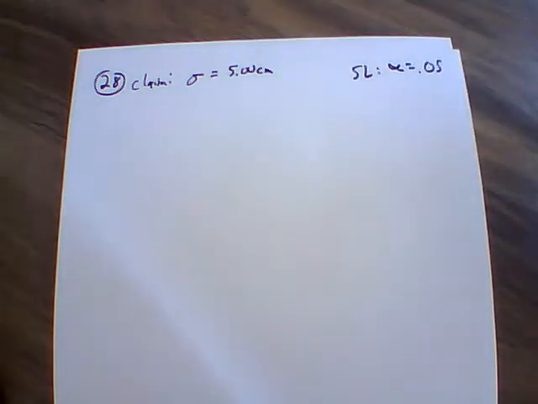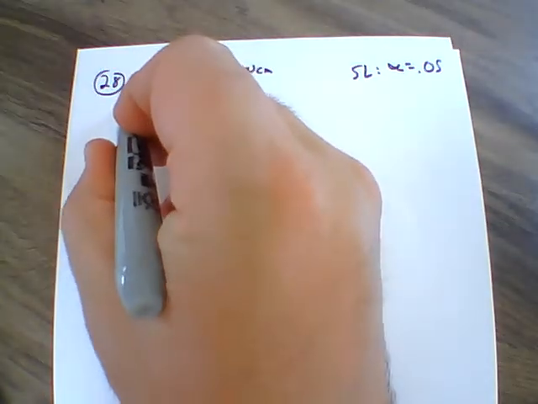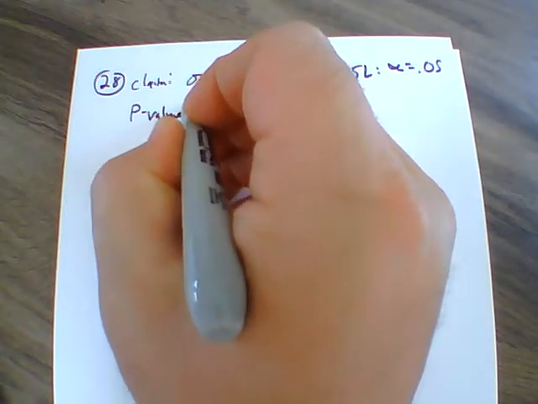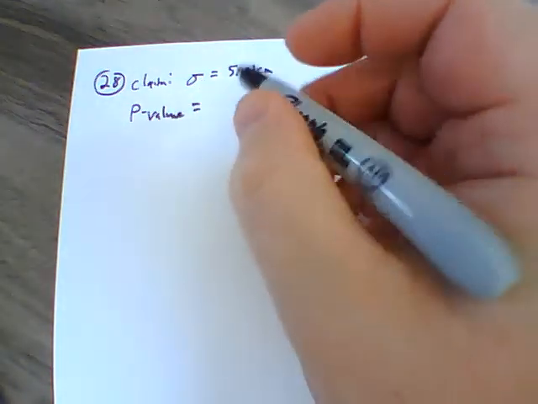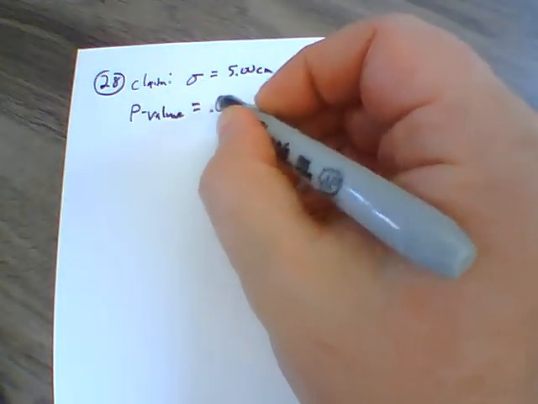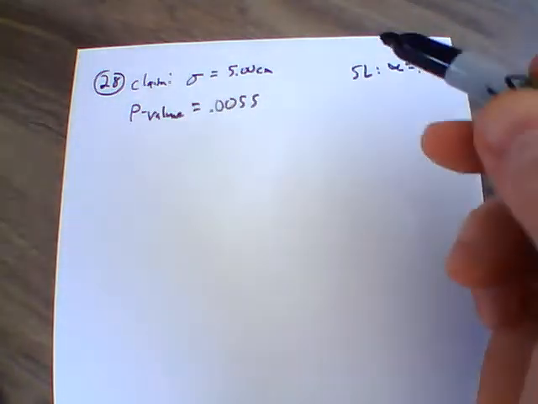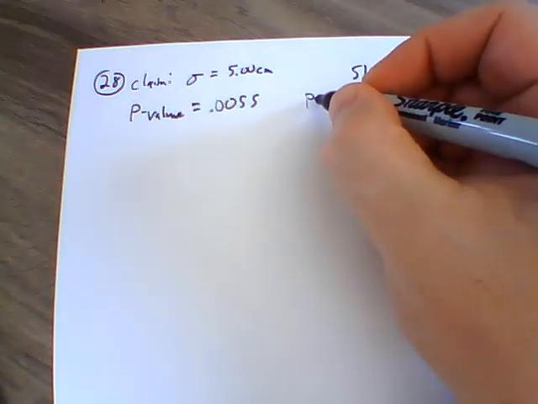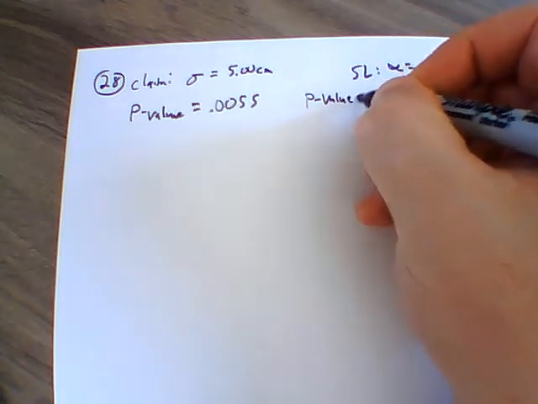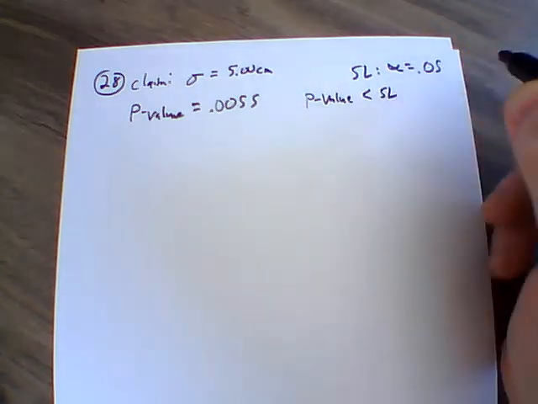They tell us we use this test, we did our hypothesis testing, and we found a p-value that equals 0.0055. Okay, so what we see here is that our p-value is less than our significance level.